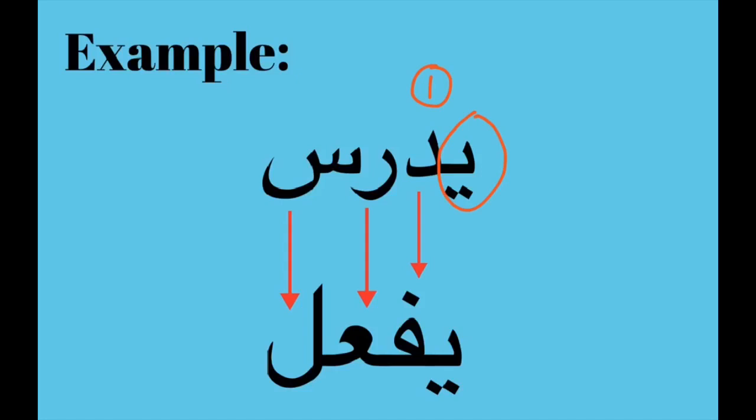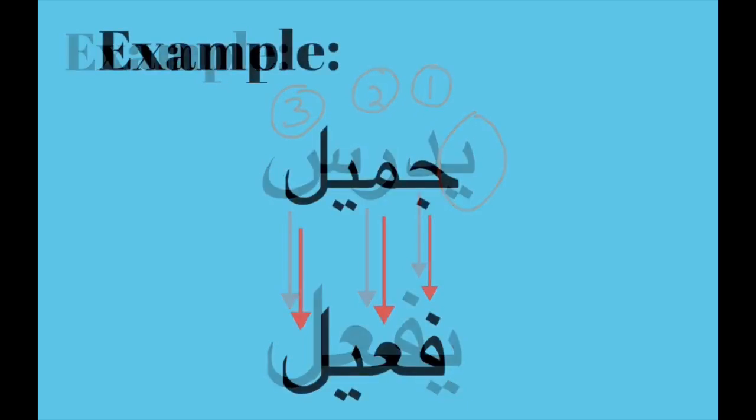The second root letter is ra, and it corresponds to ayn in our model. And finally, sin, which is our third root letter, corresponds to lam in our model. Yaf'alu, to do. A present tense verb, conjugated for huwa.